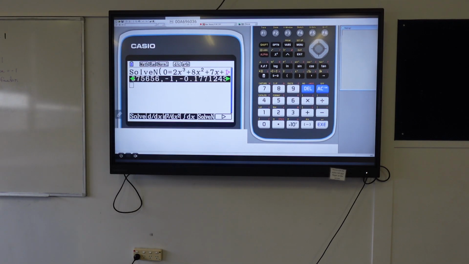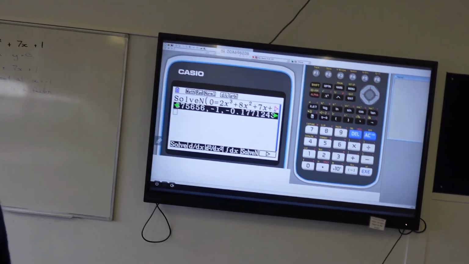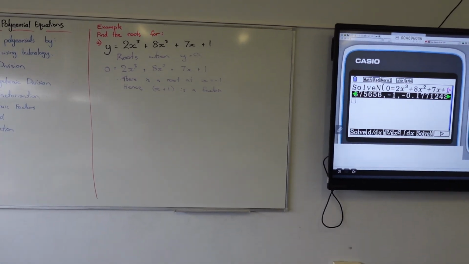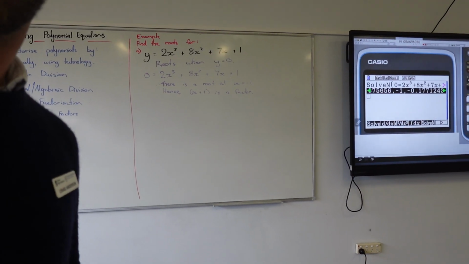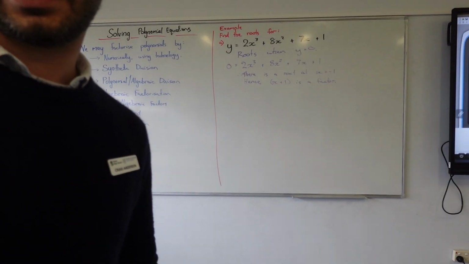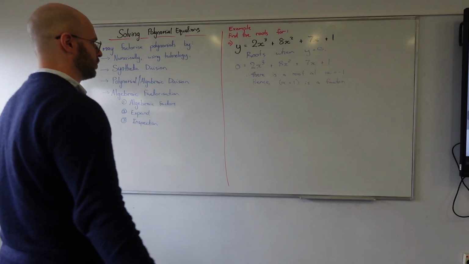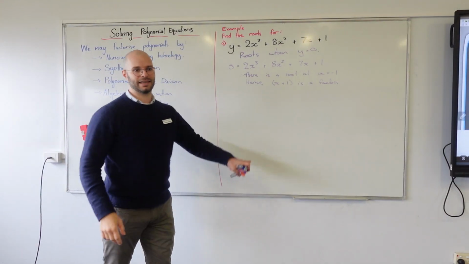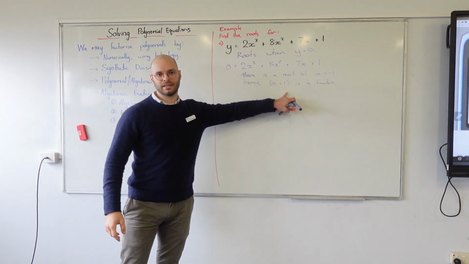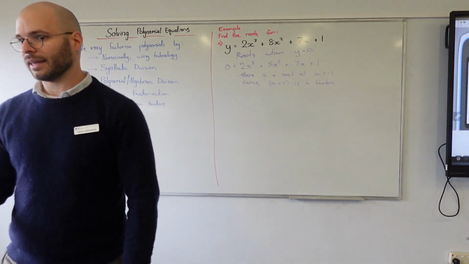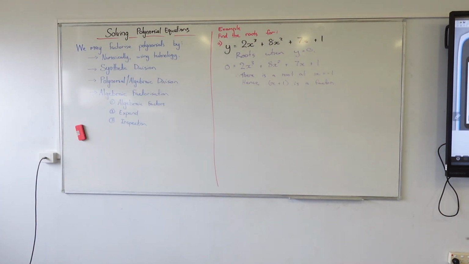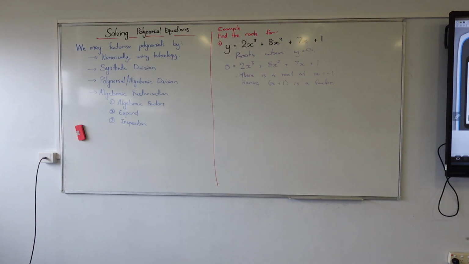Does that seem alright so far? Now, if we had completely rational roots for each of them, then we'd be able to get away with simply using all the answers that the calculator gave us and writing it out as the product of factors, and then we could just use the null factor law to state them. But because they're irrational, we have to go into some other form of factorization.